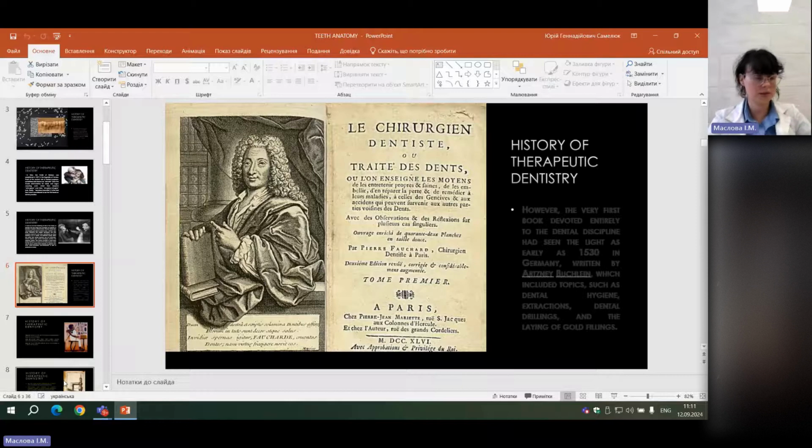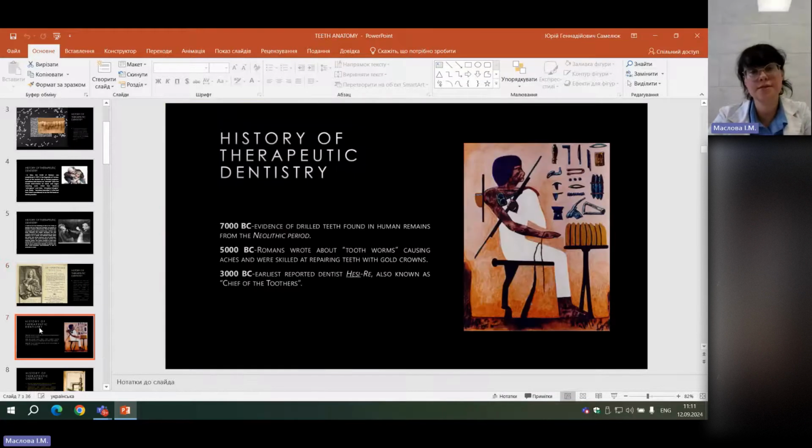This book accompanied all dental branches, from therapeutic dentistry to surgical dentistry, except pediatric dentistry and orthodontics.